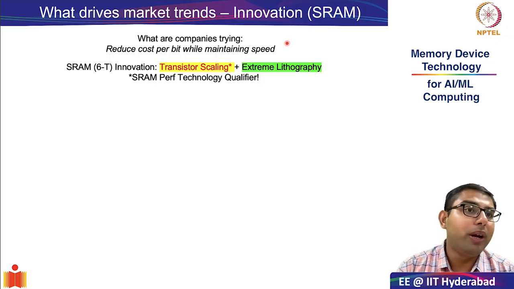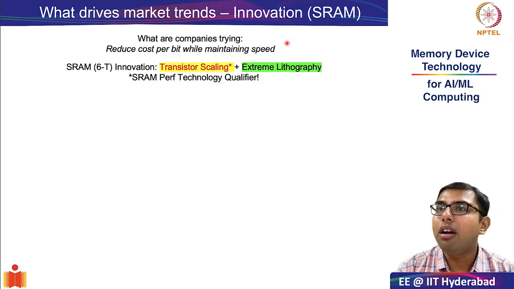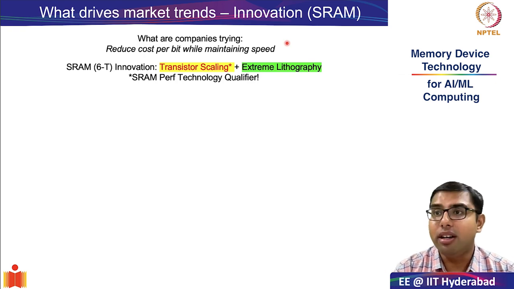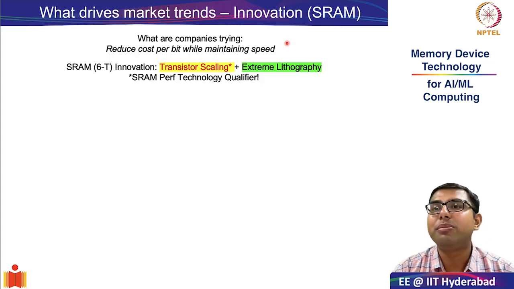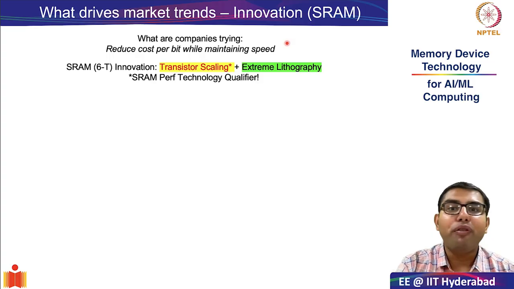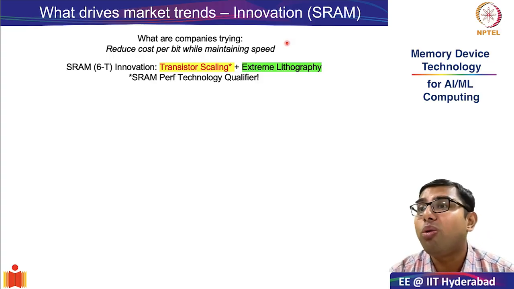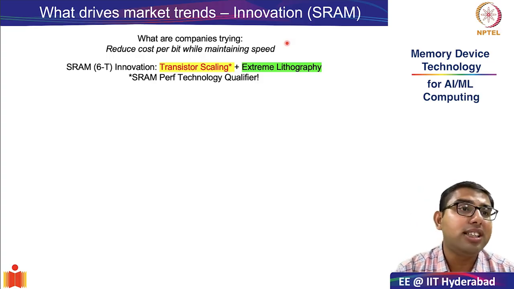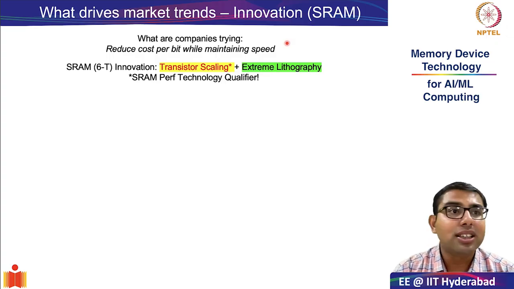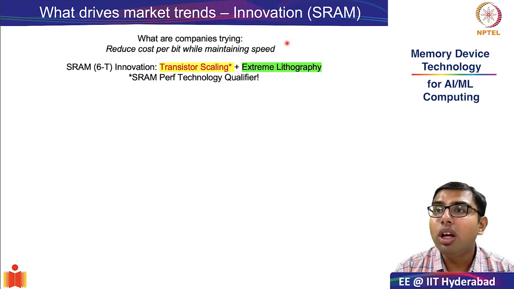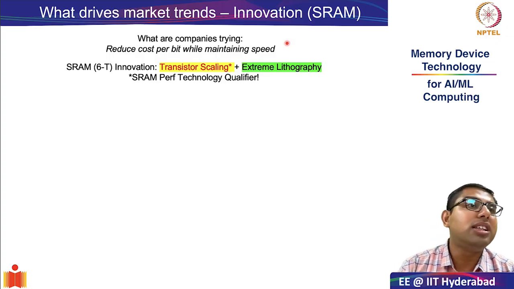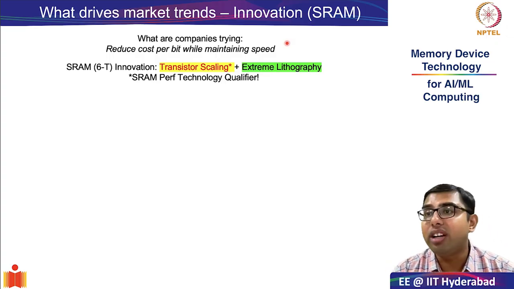Quite remarkably, when a new transistor technology node is developed by one of the manufacturing companies like Intel or TSMC, the SRAM performance is one of the technology qualifiers. What is the meaning of technology qualifier? It means it's an indication or a parameter of how good the current proposed technology is over its previous generations.